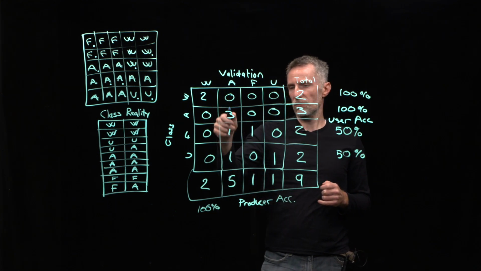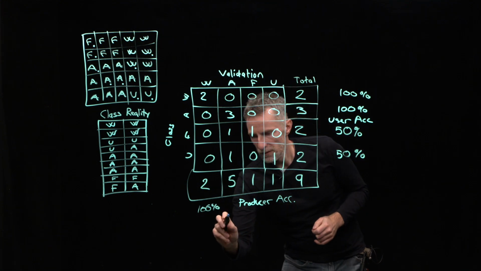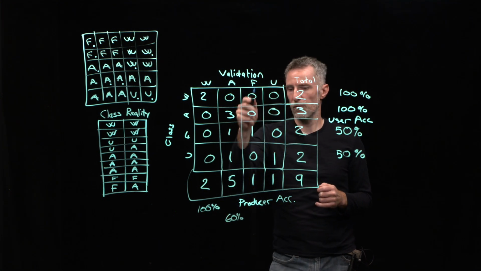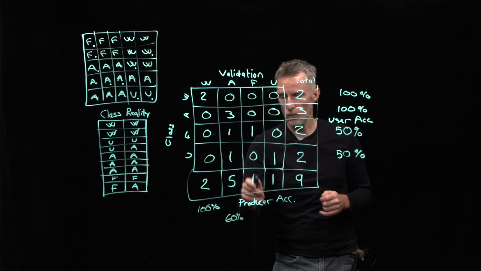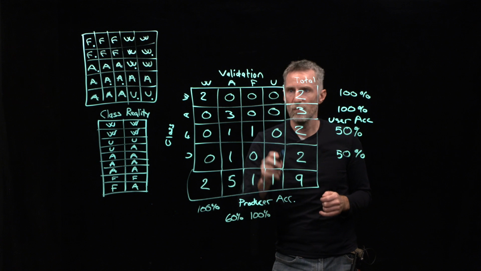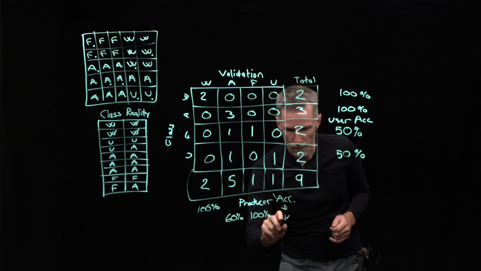For agriculture, we get 3 out of 5 total, which is 60%. For forest, we get 1 out of 1, so that's 100%. And for urban, we get 1 out of 1 as well, so that's 100%.